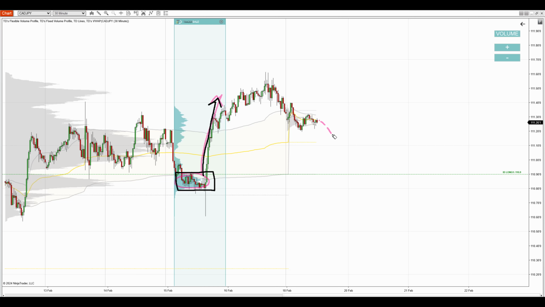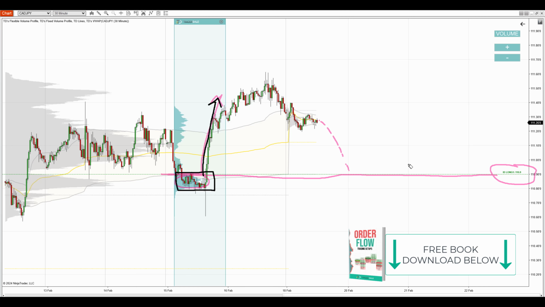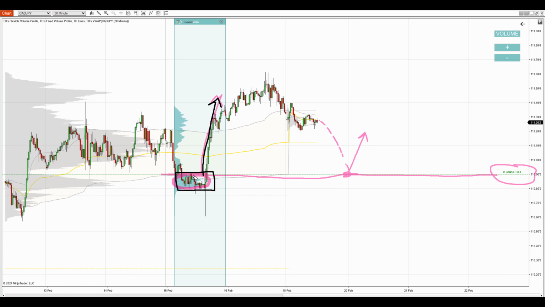So when the price reaches this level, which is the beginning of that heavy volume zone, and it is at 110.90, then chances are that there'll be a reaction, as the buyers from here are likely to defend this place where they accumulated their long positions, right? This is an important zone for them, and they'll want to defend it. Now we just need to wait for the pullback to this level and then take it from there. All right, so that's about the Canadian dollar Japanese yen and the trading ideas.